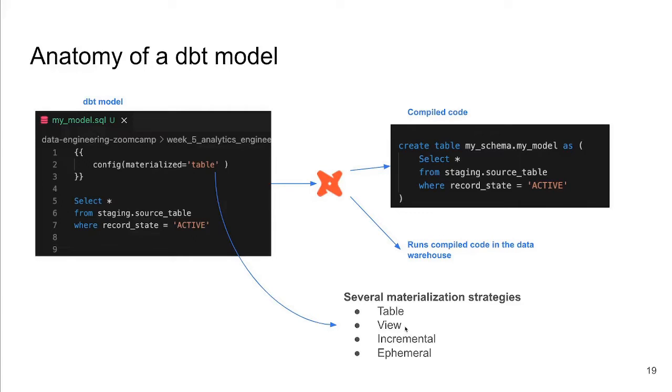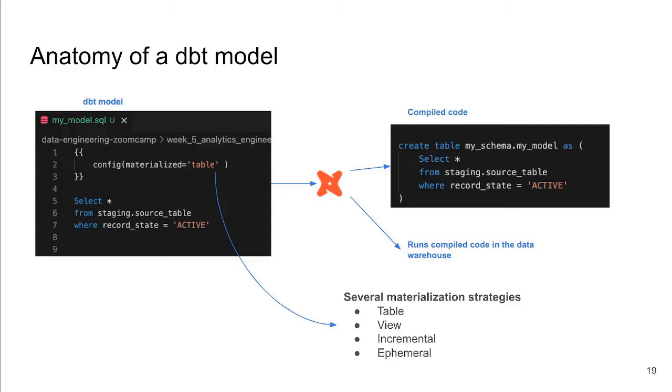The view is exactly the same, but here it would be something like create or alter view with my schema, my model. Then we're going to have incremental, which is essentially a table. So in the data warehouse, we're going to find a table, but this materialization strategy is going to allow us to run our model incrementally.